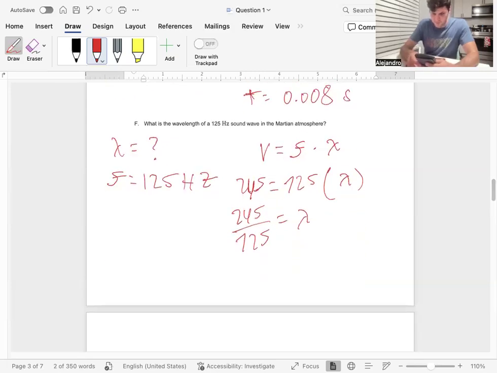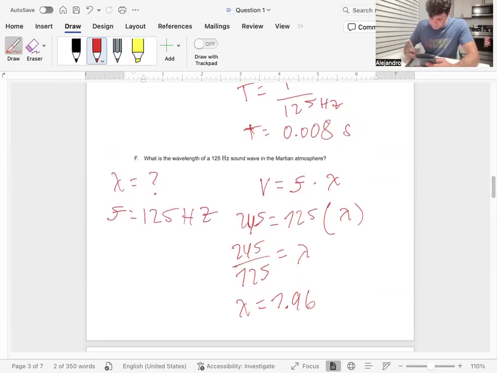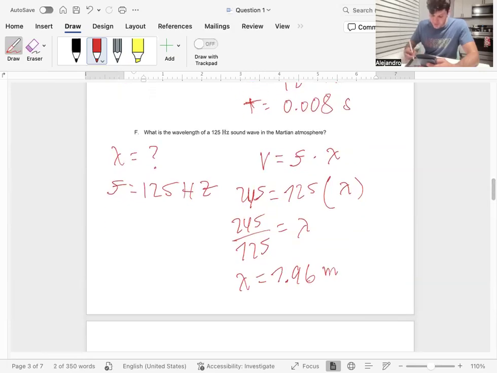And the wavelength is roughly 100. Oh no, sorry, 1.96 meters. That's the answer.